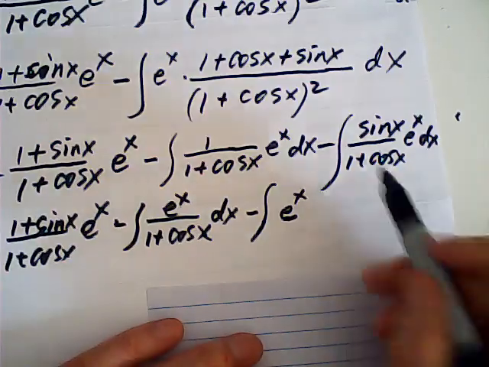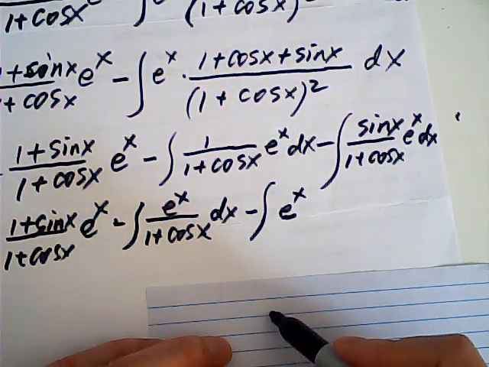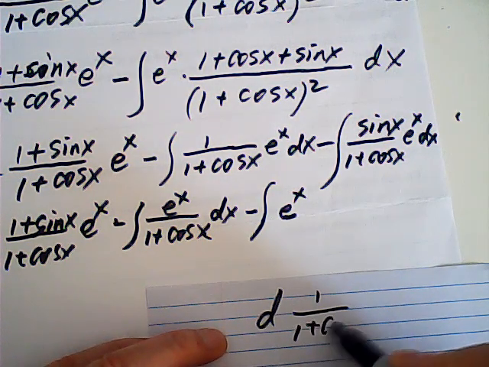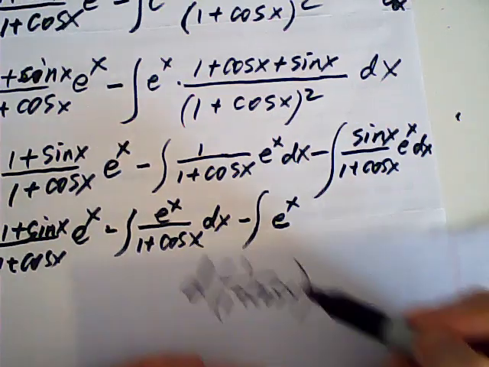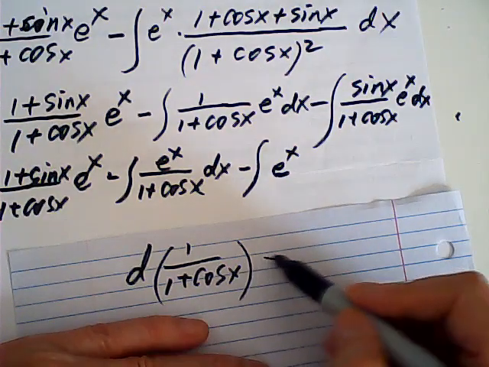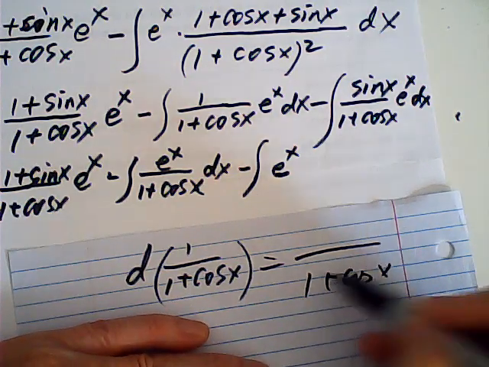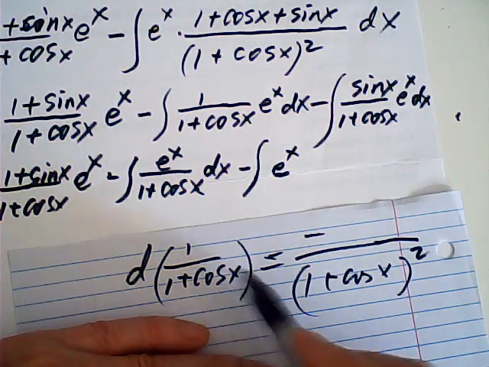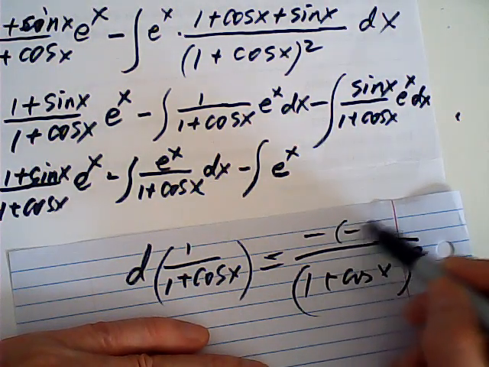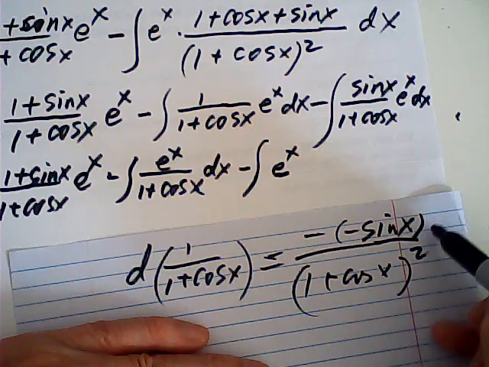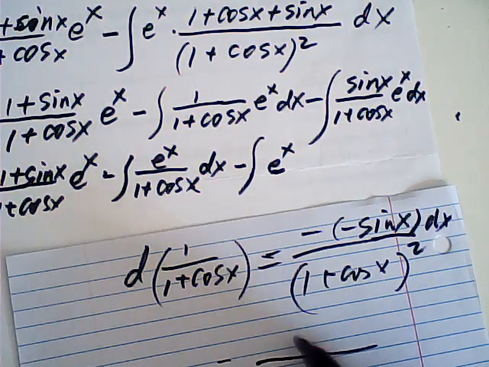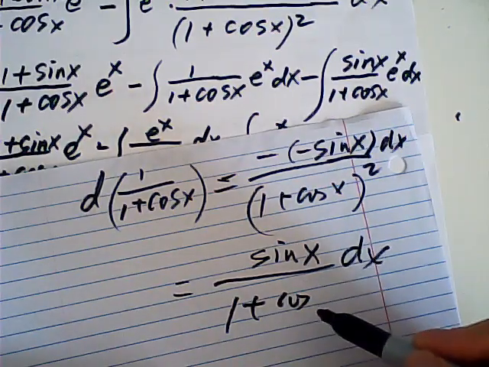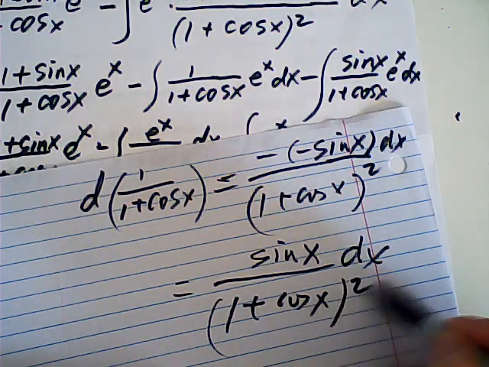Now, here, the derivative of 1 over 1 plus cosine x is equal to, over 1 plus cosine x squared, right? And negative the derivative of the denominator, which is a negative sine, dx. So this one is equal to sine x dx over 1 plus cosine x squared.